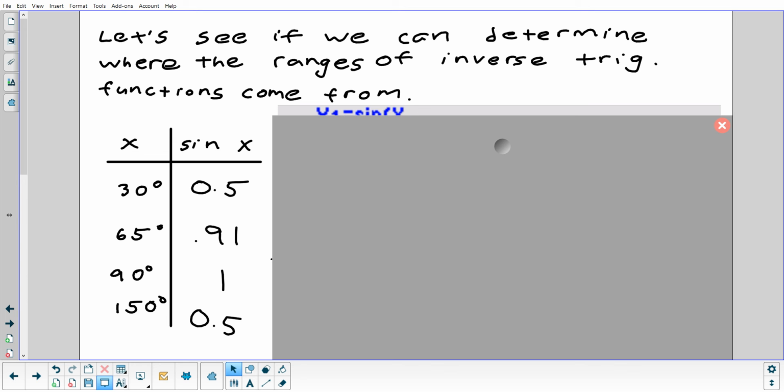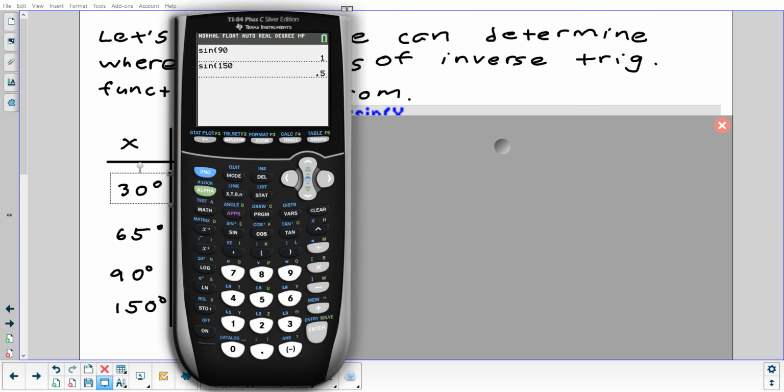So the problem here is you have two angles, and when you take the sine of them, the answer came out the same. That's not good, because when you're trying to go back from inverse sine of 0.5, which answer would you say? Is it 150 or is it 30? Let's see what the calculator does. Inverse sine of 0.5 gives me the 30. It doesn't give me the 150.